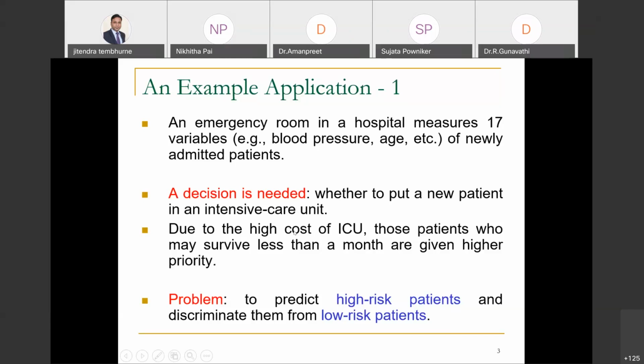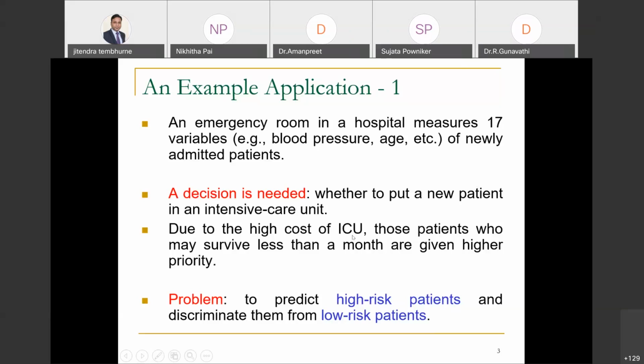As we know, the cost of the intensive care unit is very high whenever anybody is admitted. The cost is very high per day. So here we have to take a correct decision, and we have to classify that particular patient as a high risk or a low risk patient. Why?